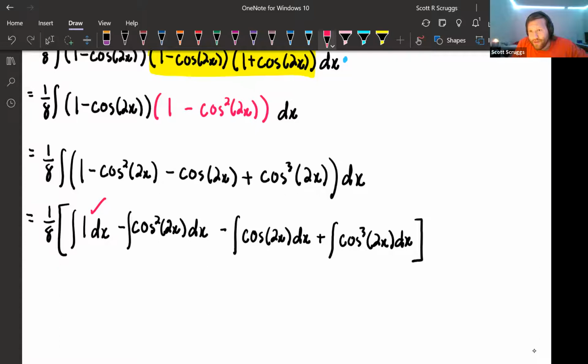That first integral, I'm not super worried about, because that is the integral of 1. So that integral will just give me x at the very end. That second integral, the antiderivative of cosine is sine. And because I have a 2x as its argument, when I take its antiderivative, I would have to divide by 2 at the end.